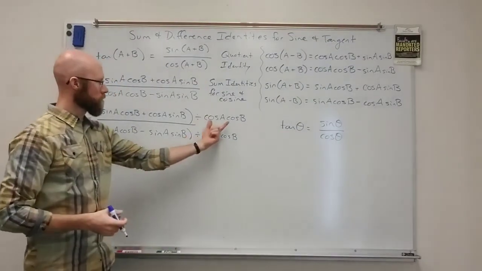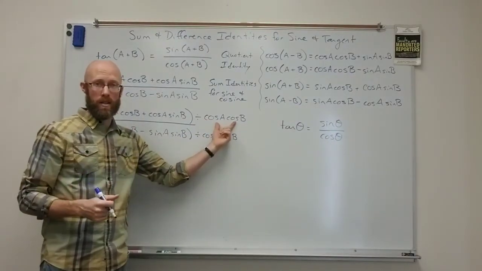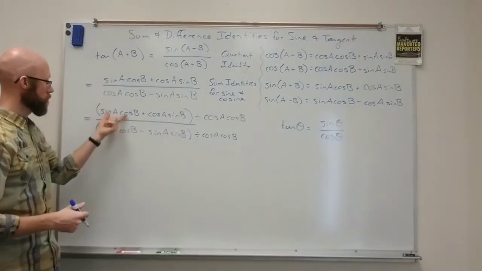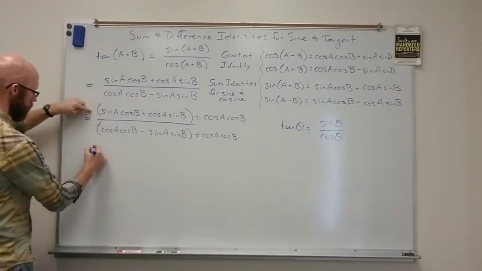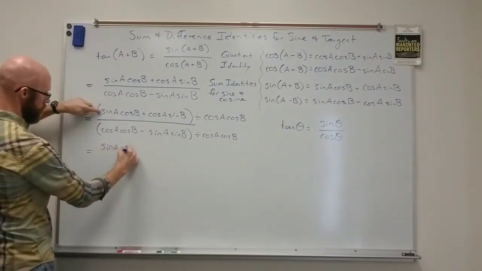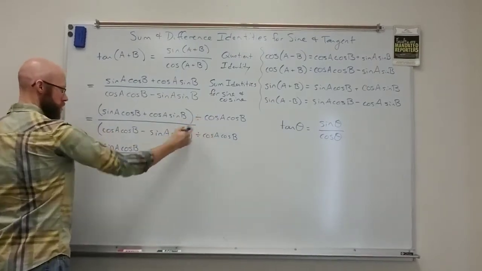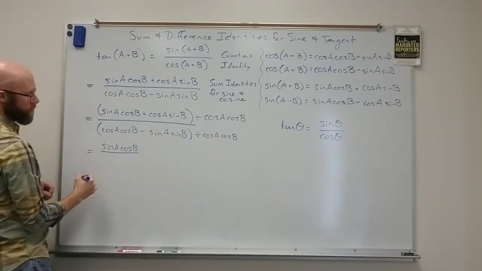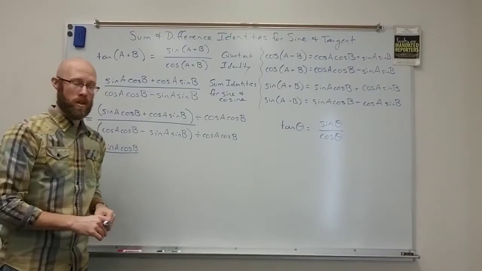When I divide by something, I can make it a denominator on the term. So this is going to distribute to both terms on top as a denominator. So we're going to have the sine of A times the cosine of B over this stuff. In fact, as I'm looking at this, it may be less confusing if I change the color.